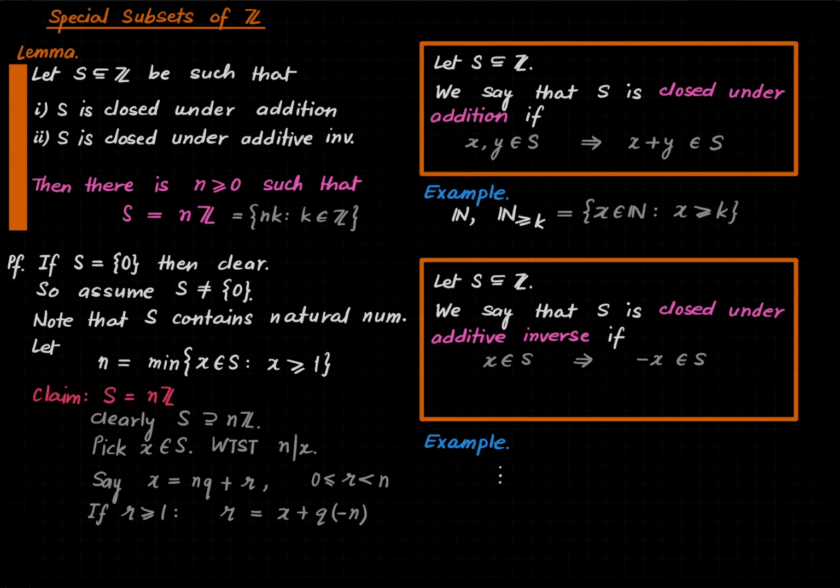It's not necessary, but just think of it that way. Since n is in S, minus n is also in S because S is closed under additive inverses. Therefore, this is also in S. Any multiple of whatever is in S has to be in S. In fact, we already showed that nZ is contained in S. So this is in S. This was anyway in S. This we picked in S. So their sum is also in S, because S is closed under addition. Therefore, r is in S.